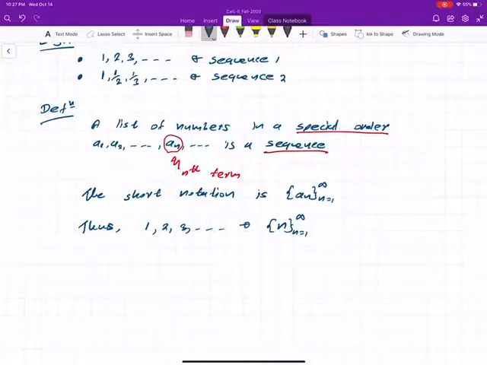In this sequence, the n-th term is just n. Let me write the n-th term too: 1, 2, 3, ..., n. This is the n-th term.